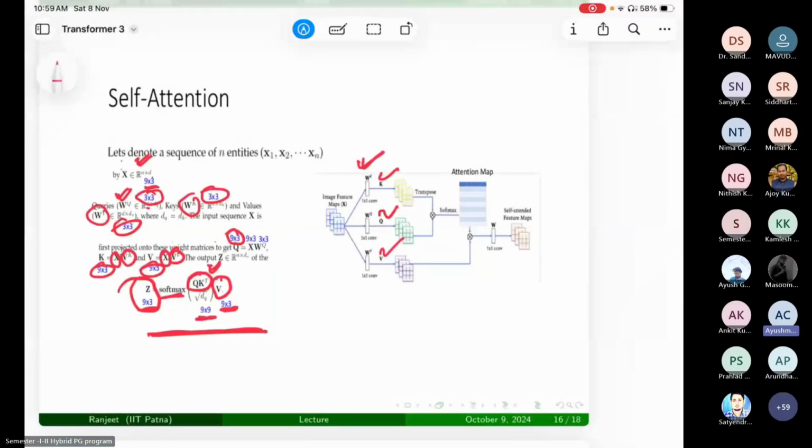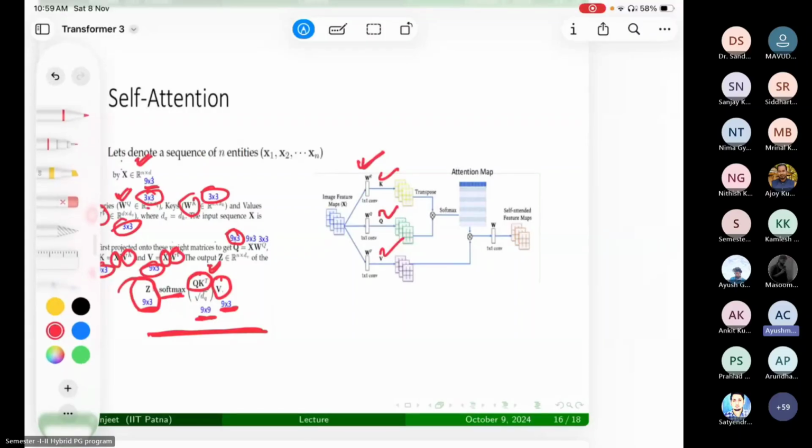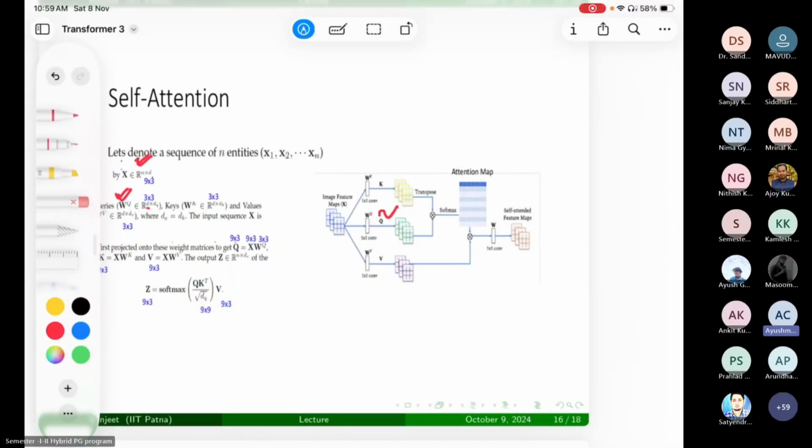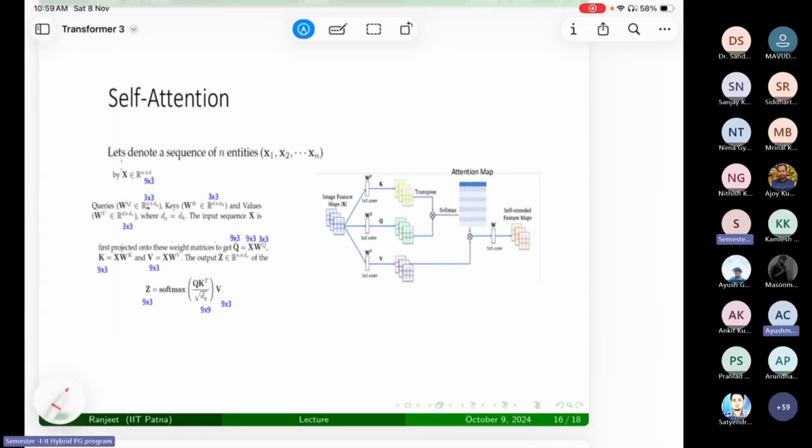Here, first thing I want to ask: if there is an image, then it is fine. We are doing the transpose between K and Q, and then applying softmax, and we are getting the attention map. Then the third parameter, that is V, we multiply with the attention map, and then we apply one fully connected layer and get the output.